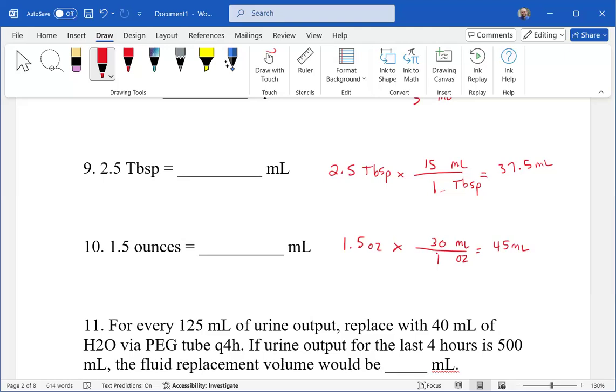So that's what I wanted to cover today, going over and practicing some of these conversions. A lot of times students ask me for more questions. I don't think you need more questions. You just need to practice that you're setting it up correctly, because really the only thing that changes is whether we're going from grams to milligrams, or milligrams to grams, micrograms to milligrams, milligrams to micrograms, liters to milliliters, milliliters to liters.